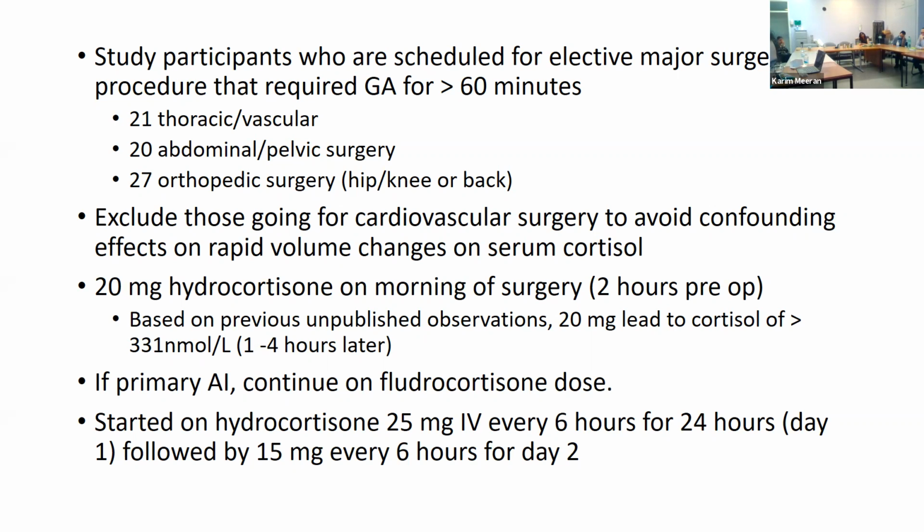I remember us saying how, in the books where it says give IM hydrocortisone, it actually doesn't last that much longer than IV. So that was reassuring to carry on with IV 4 times a day.